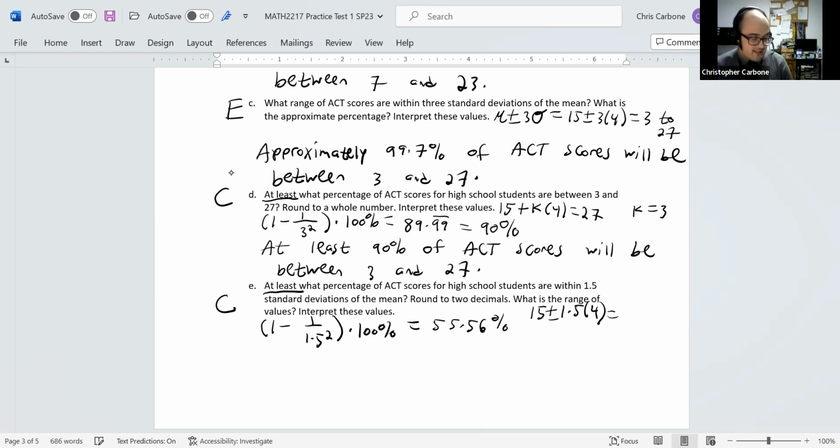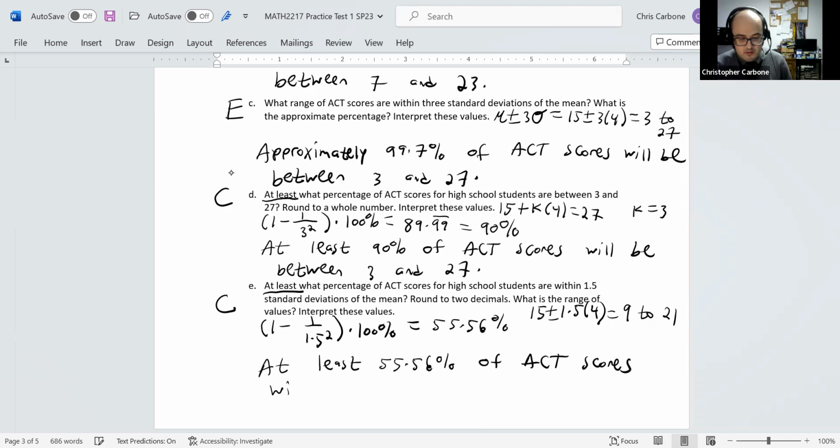So subtracting makes 9, and adding makes 21. So at least 55.56% of ACT scores will be between 9 and 21.